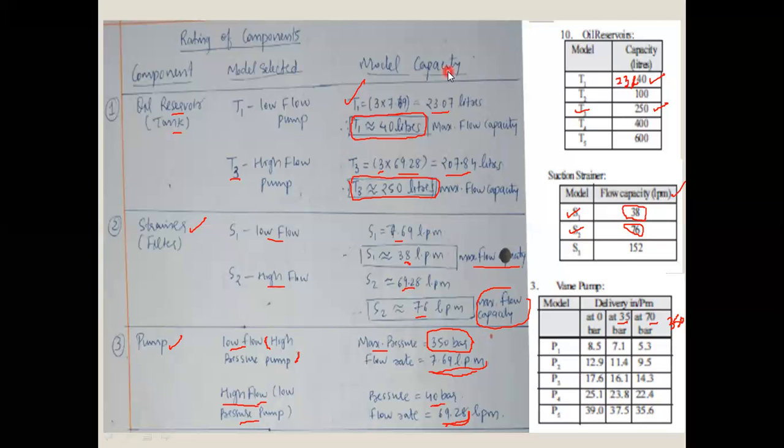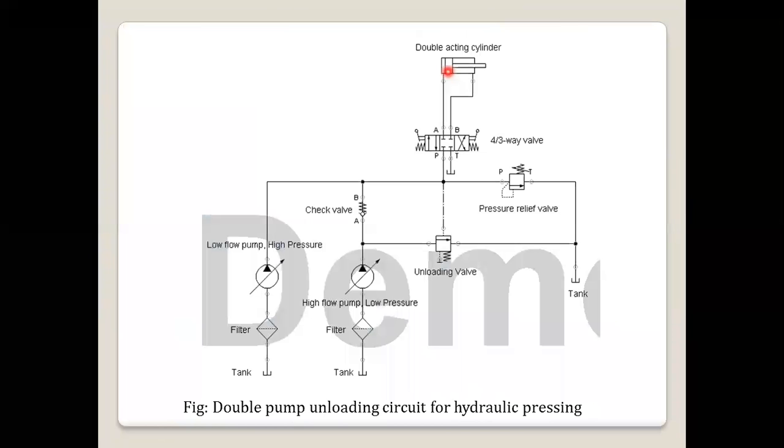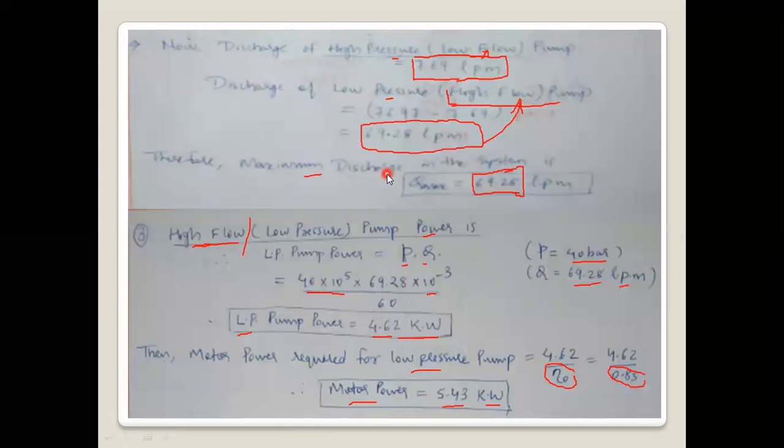One thing you can see: where are we getting the check valve? The check valve is coming in the high flow pump line. And in the high flow pump, what is the discharge?